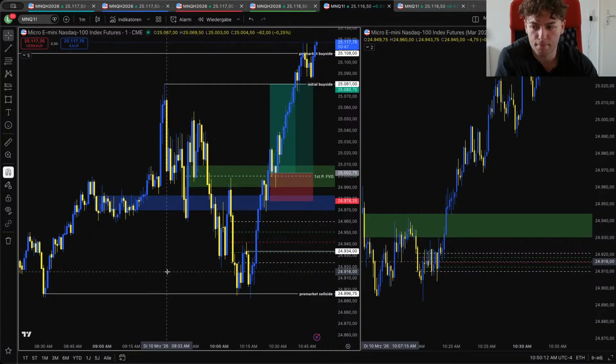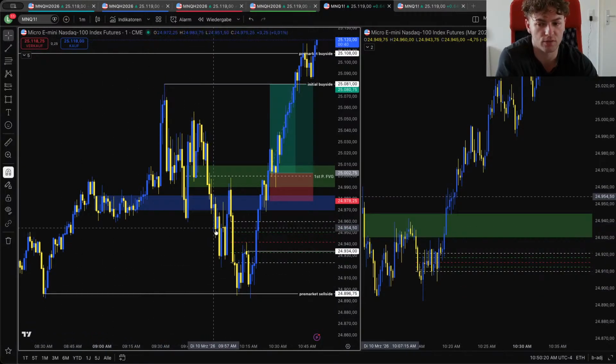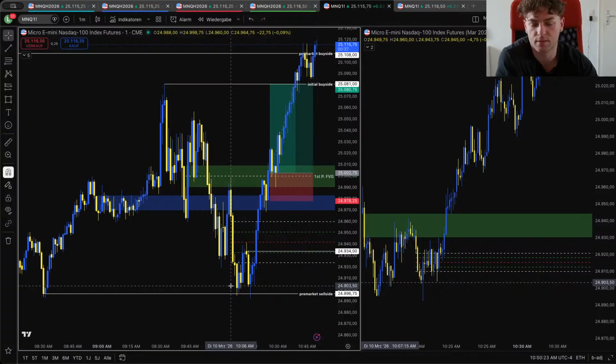I think ICT has not ever mentioned it like this with sell side or buy side liquidity pools, if price is not able to even trade down. Or maybe it's part of the SMT, like the six system model.